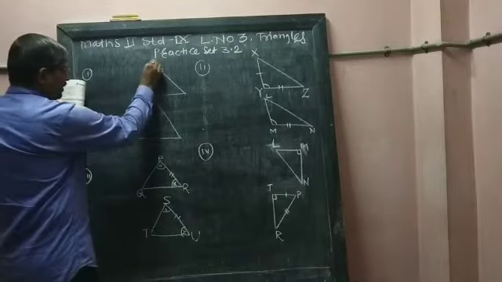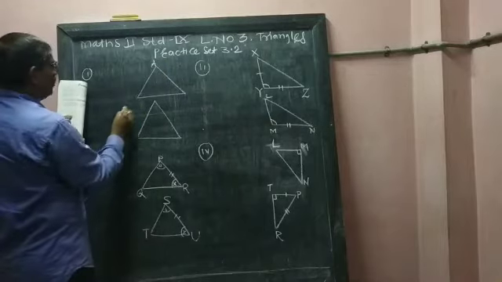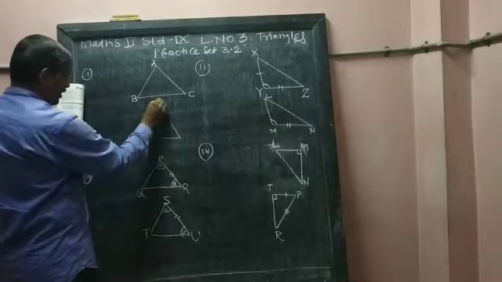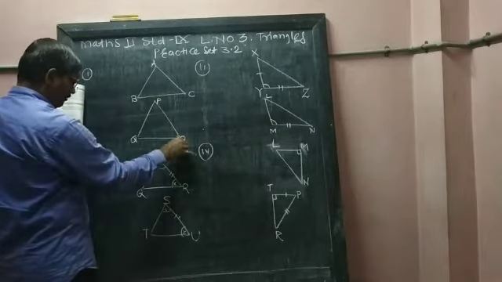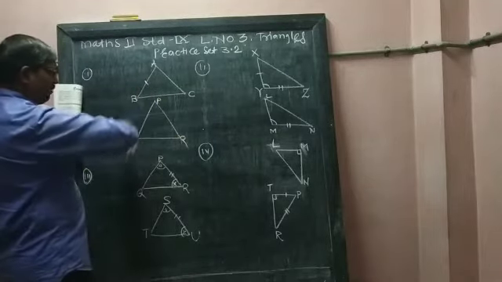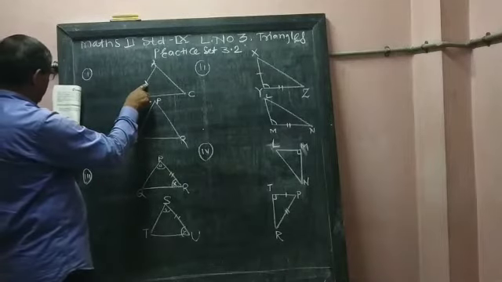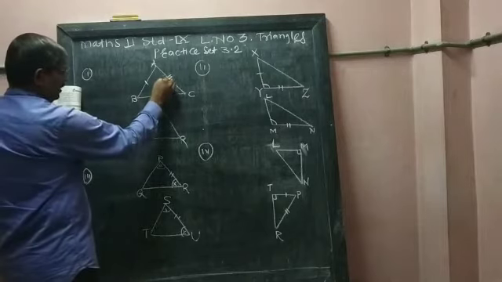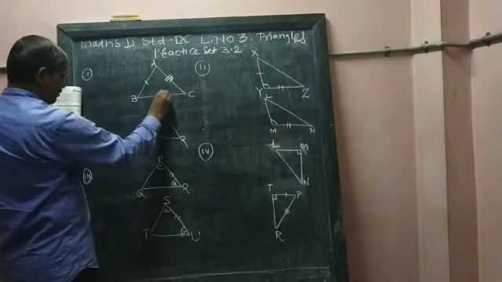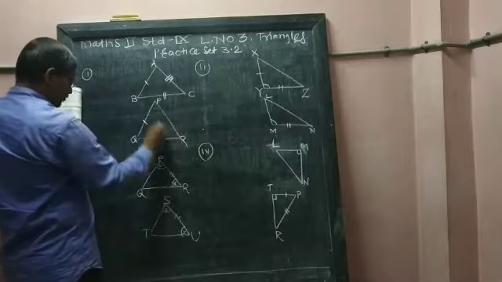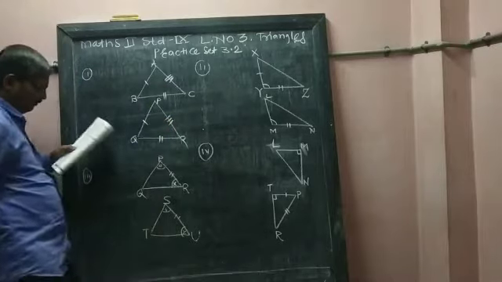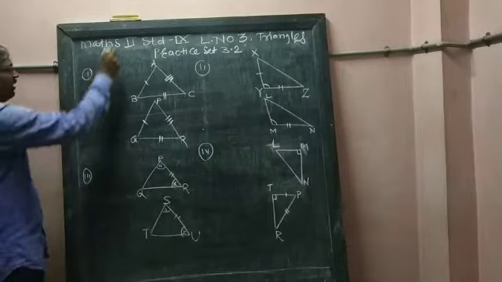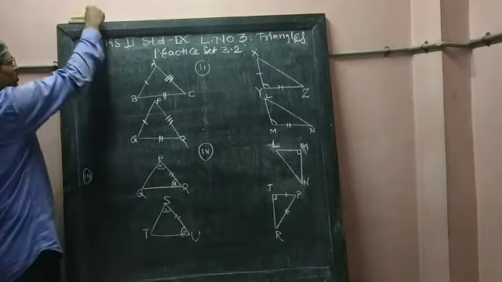Look here in exercise 3.2, first question. This is triangle ABC, and here is triangle PQR. Here AB has a single mark, meaning PQ also has a single mark. Here are three lines, and here are two. Similarly, we will prove the first question.